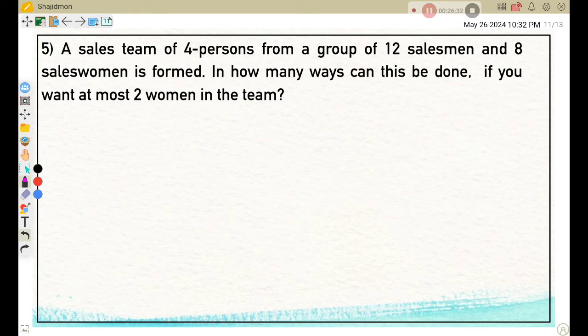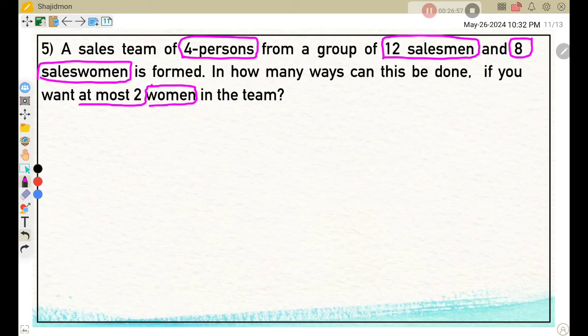A sales team of 4 persons is formed from a group of 12 salesmen and 8 saleswomen. In how many ways can this be done if you want at most 2 women in the team? So what is the question actually?